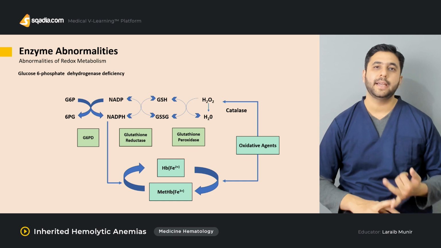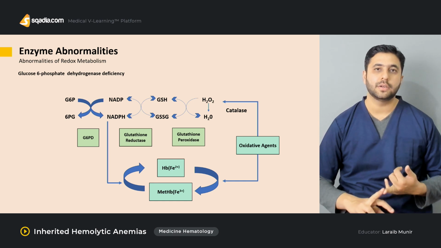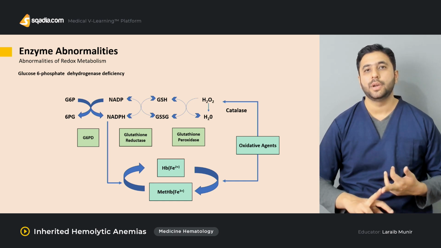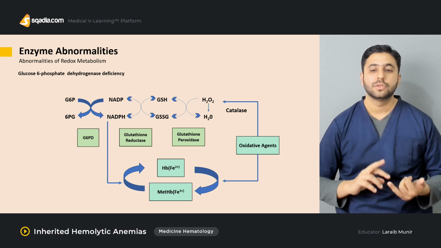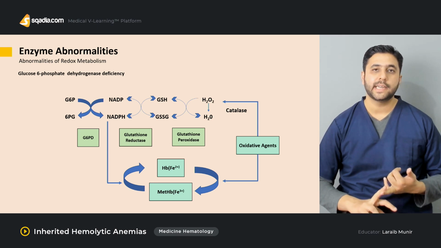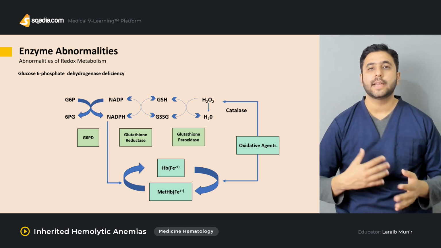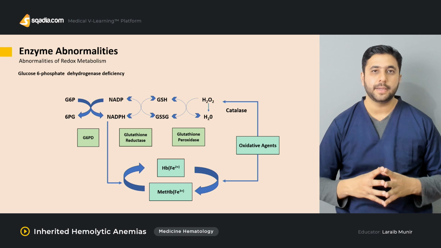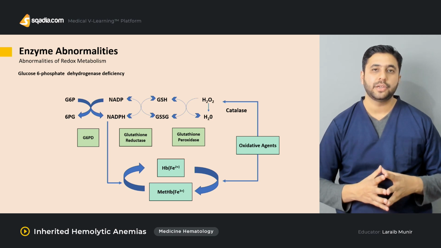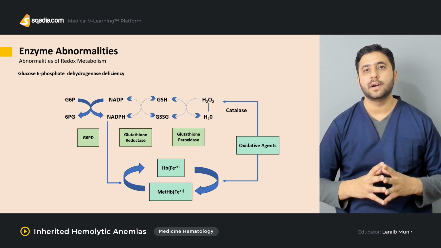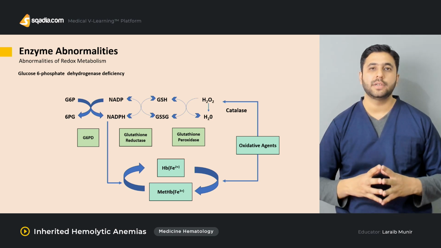Secondly, it is primarily present in the Mediterranean variant and in the black population or the African Americans. So in the Mediterranean variant, for example, in Italy or in the other Mediterranean areas, it can lead to a severe hemolytic anemia. While in the African American population, it is generally controlled and the anemia is generally episodic, and it develops under certain oxidative stresses.